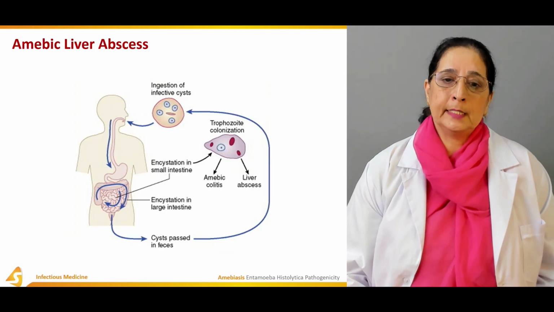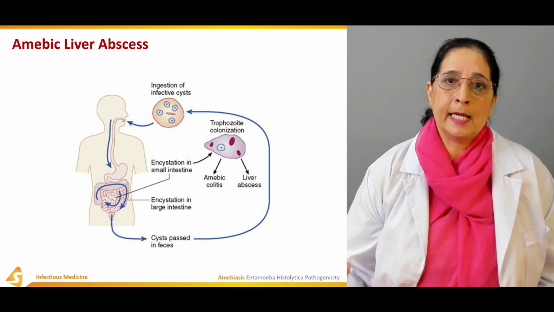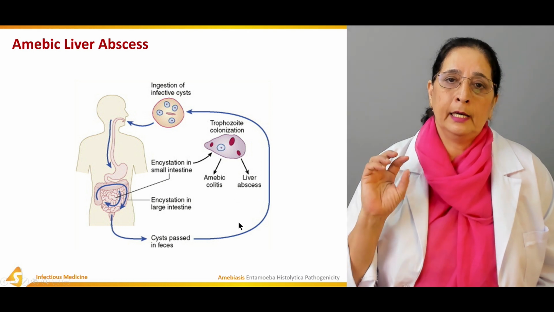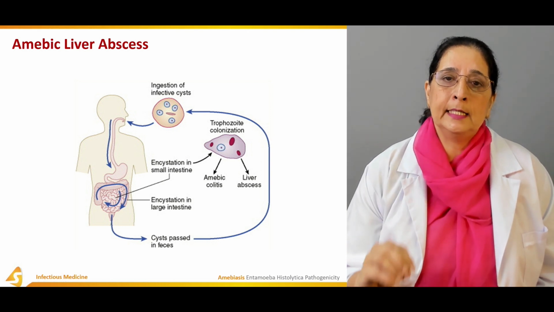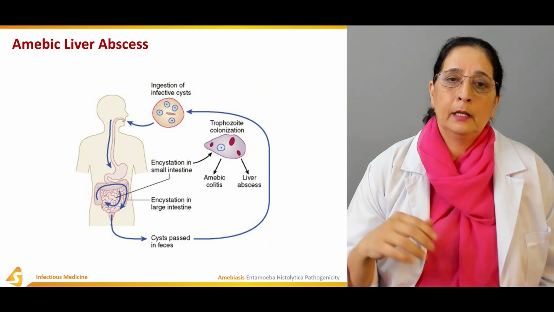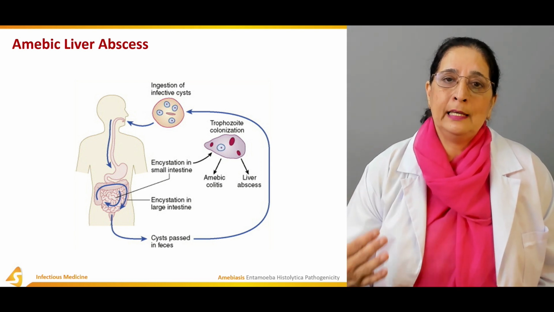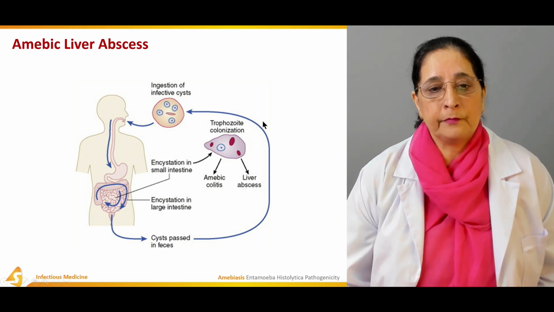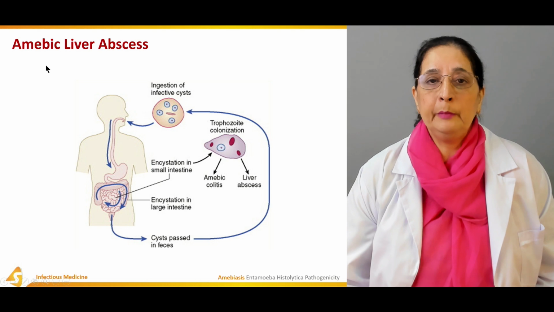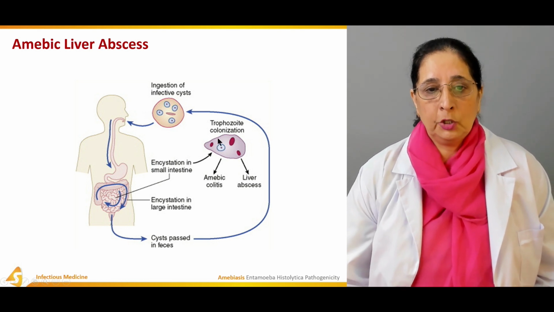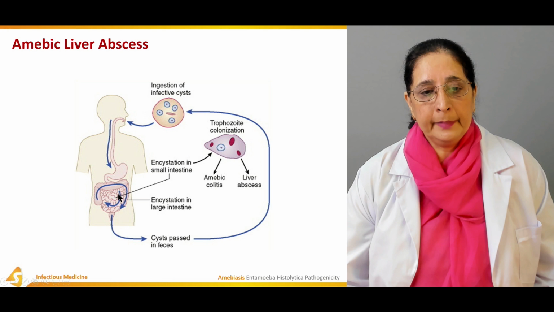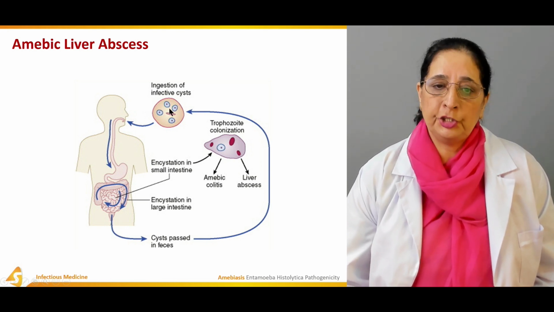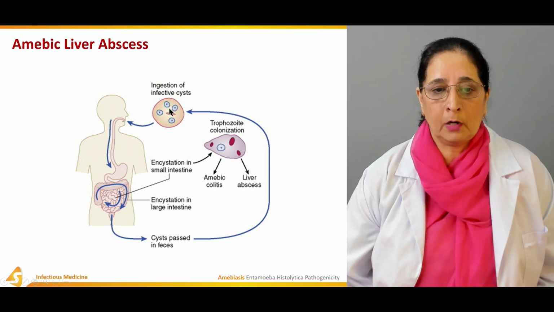Amebic liver abscess. We already mentioned colonization of Entamoeba histolytica. It causes invasive intestinal disease, and it can cause colonization in the liver and the lungs. In the liver, it can cause abscess formation known as amebic liver abscess. From the feces cysts are passed, and these cysts are ingested again; we know this life cycle already.